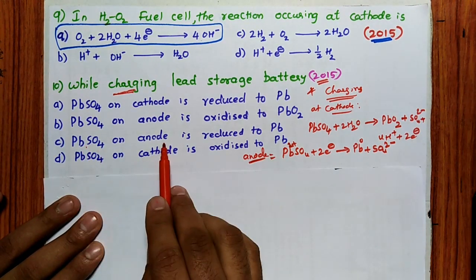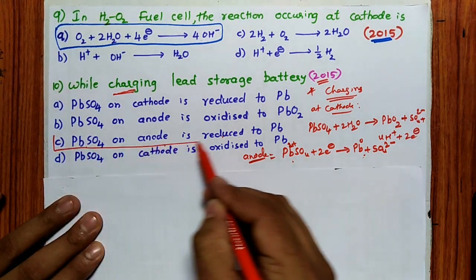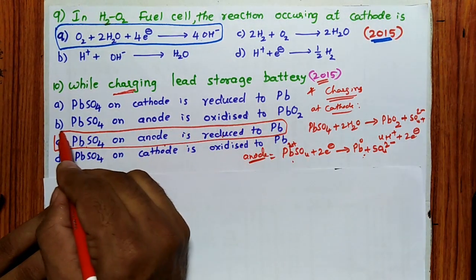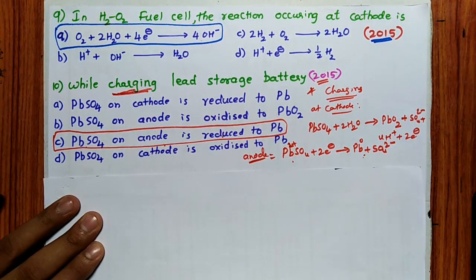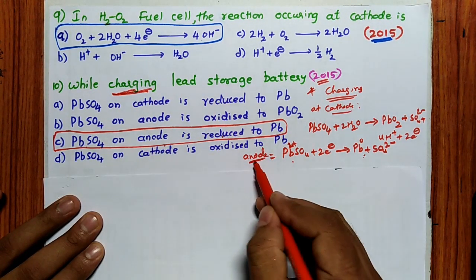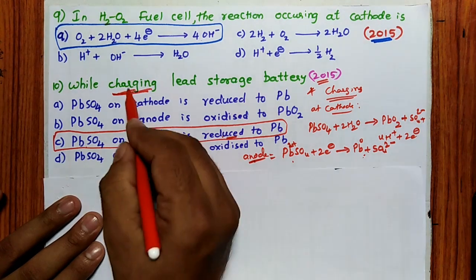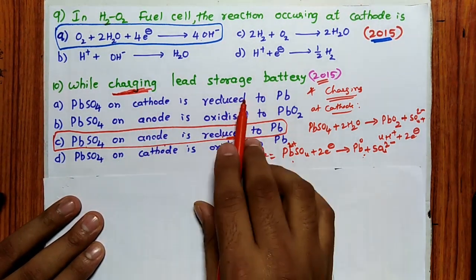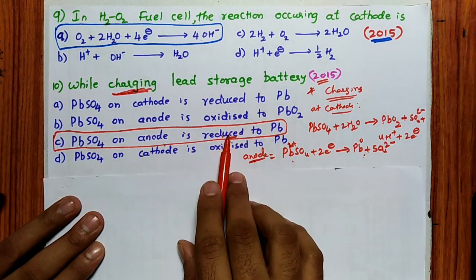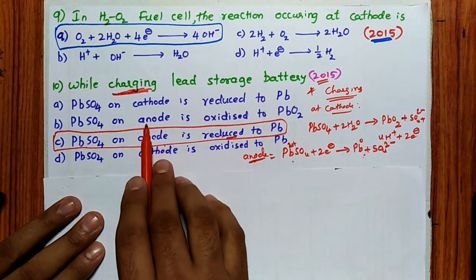So PbSO4 at anode reduced to lead is the correct answer. Hence I told you it is most confusing for the student. When charging takes place in lead storage battery, always anode reduction takes place, not oxidation. Only in the exceptional case of charging a secondary cell: anode oxidation, cathode reduction is normal, anode reduction, cathode oxidation is the exception.